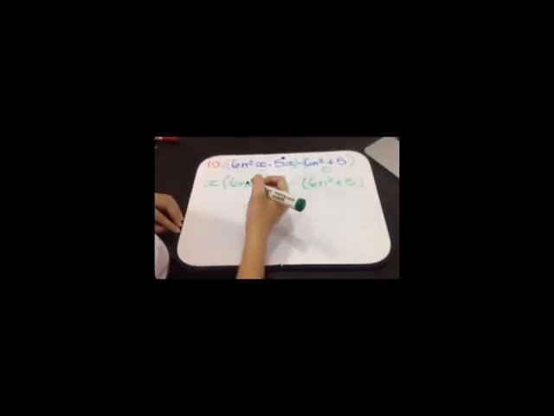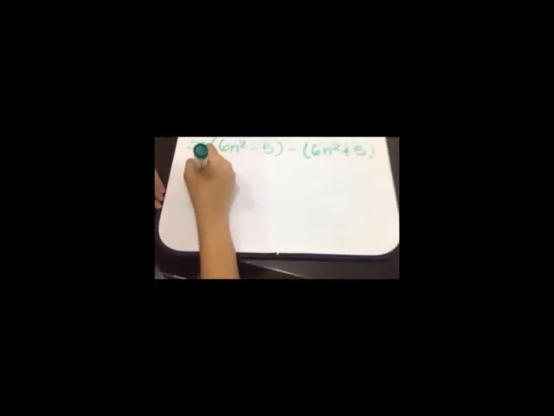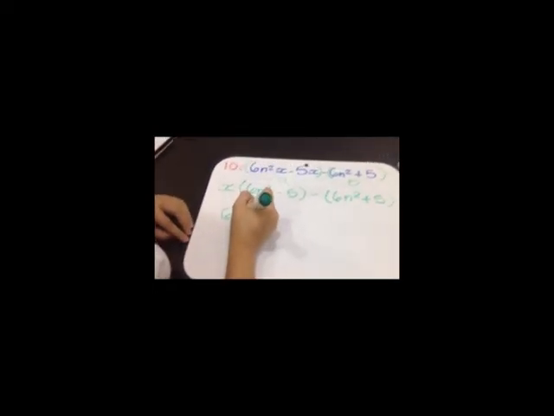Now we'll take out the common factor term, that is 6n squared minus 5.